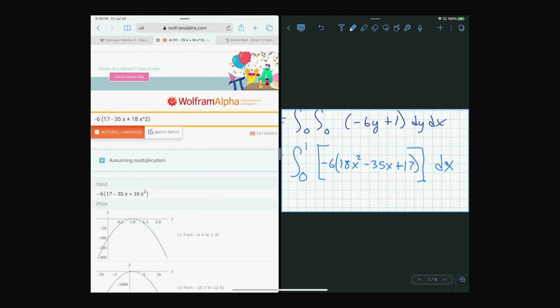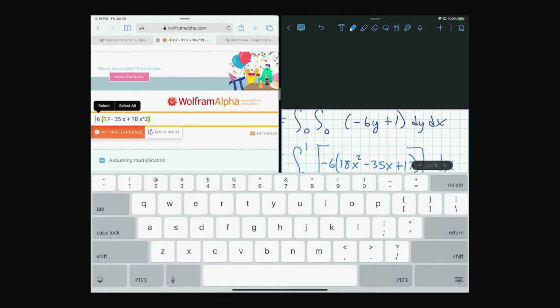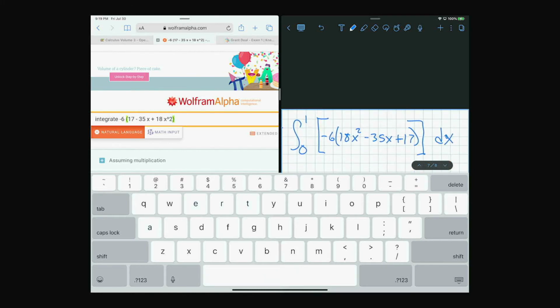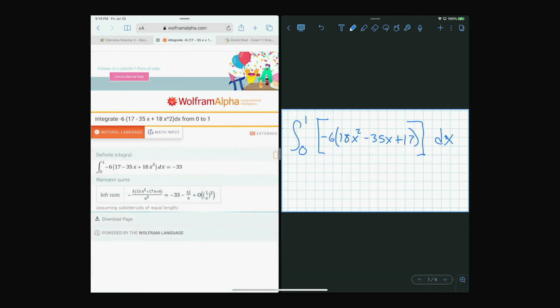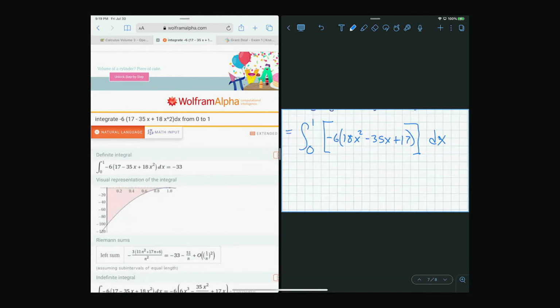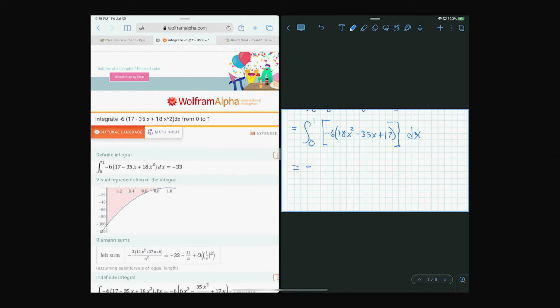It brings it up there. Notice it changed the order that it wrote stuff. That's weird. And then I can just say integrate again. This time it is a dx integral. And then we go from 0 to 1. And I get negative 33. And I'm done.